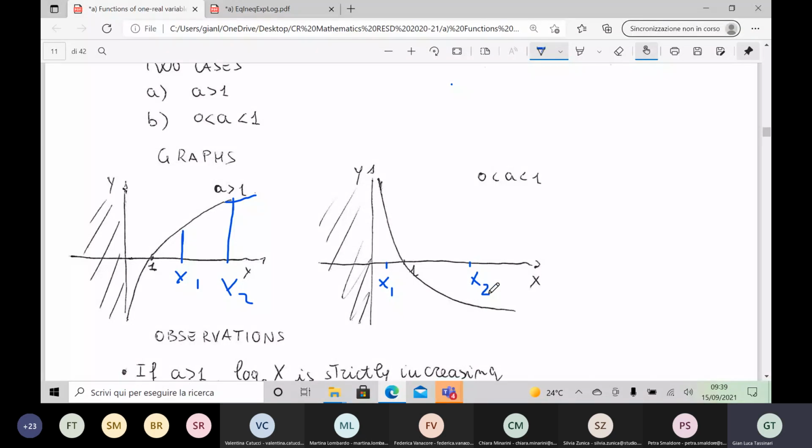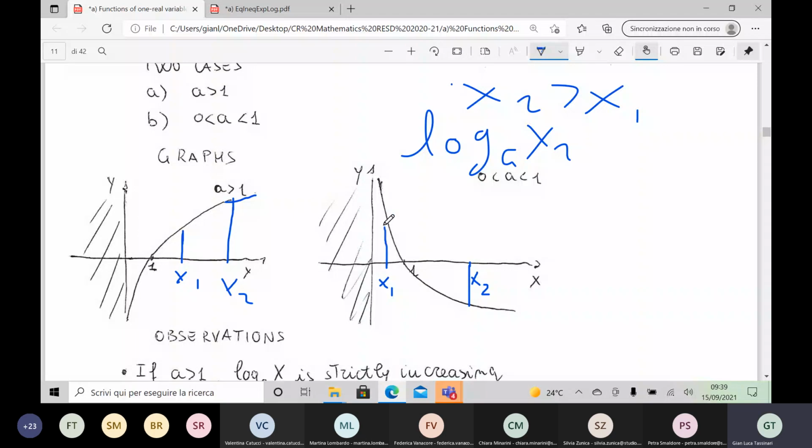Now, which is the logarithm with basis a of x2? You have to go down, down, down, is this vertical distance, which is negative. You see, this vertical distance is the logarithm with basis a of x2. Which is the logarithm with basis a of x1?